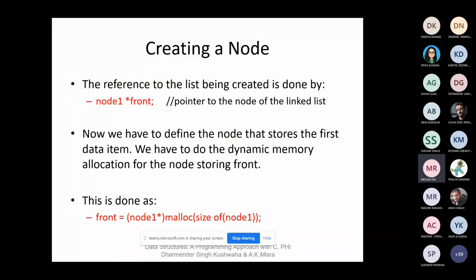The reference of the list being created is held by a pointer to the node; you can use front, start, or whatever you want. So for the front part, node 1 pointer gets malloc of size of the node. So we can create memory for a particular node.